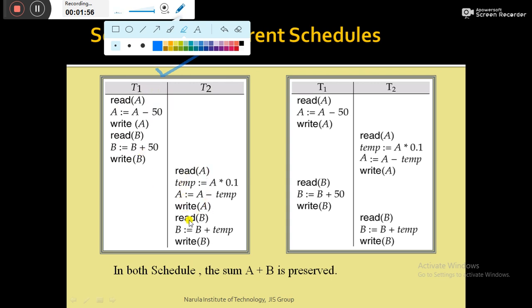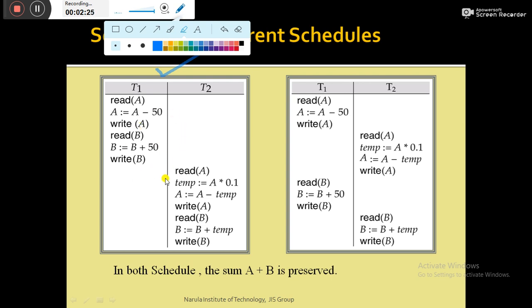Similarly, these are the instructions which belong to T2, and all the instructions of T2 come together in a single place. So this is known as a serial schedule, and it represents the scenario where the CPU executes one transaction at a time. That means at a particular point of time the CPU executes a single transaction. Once that transaction is over, the CPU starts executing the other transaction.